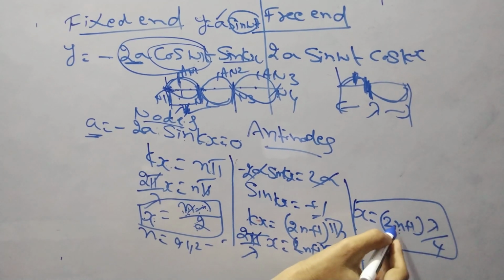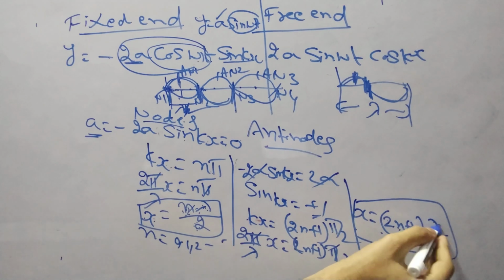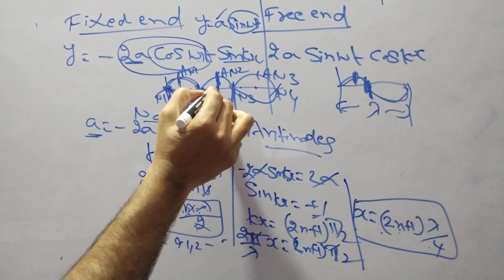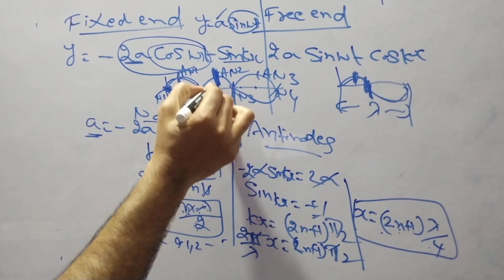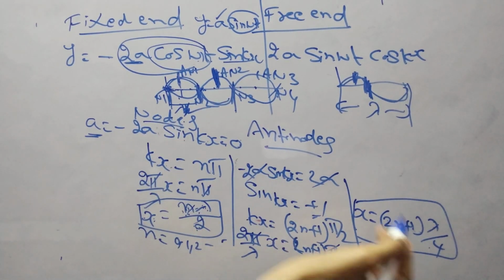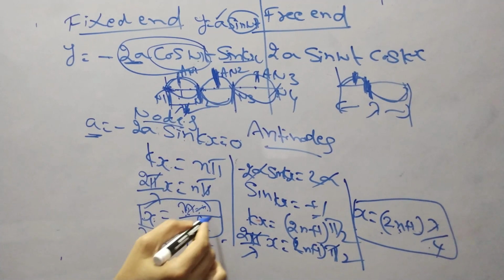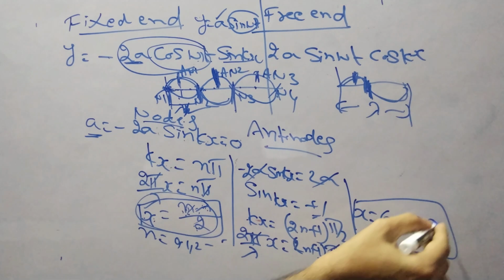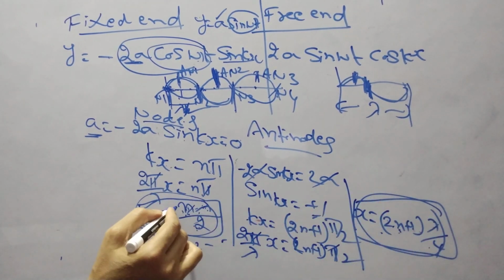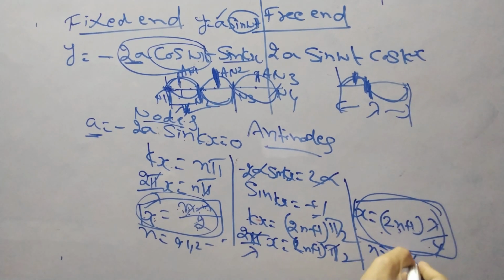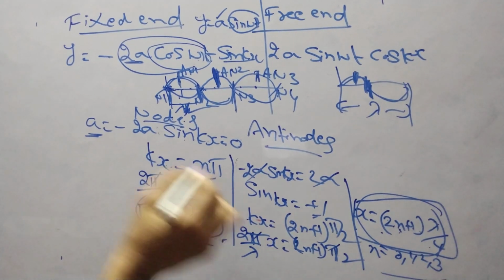By putting n equal to 1, 2 into 1 is 2, 2 plus 1 is 3, 3 lambda by 4 is this value: lambda plus lambda by 4 is 3 lambda by 4. So you get the second antinode. By putting n equal to 2, you get the third antinode, and so on. So this is general: x equal to n lambda by 2 and x equal to (2n plus 1) lambda by 4 are the general values. By putting n equal to 0, 1, 2, 3, you can get the node and antinode values.